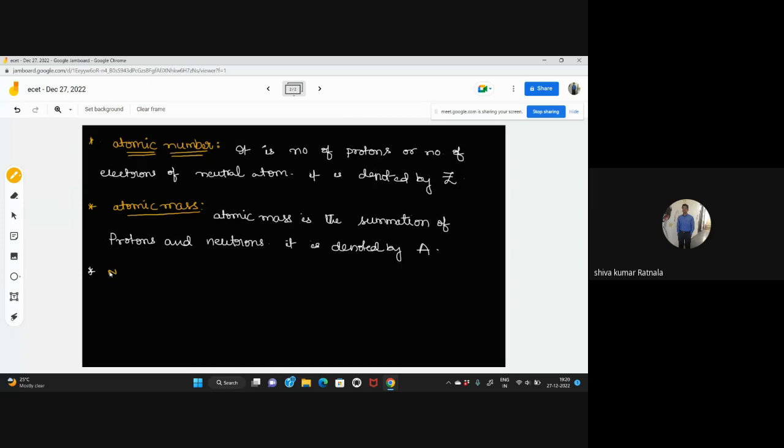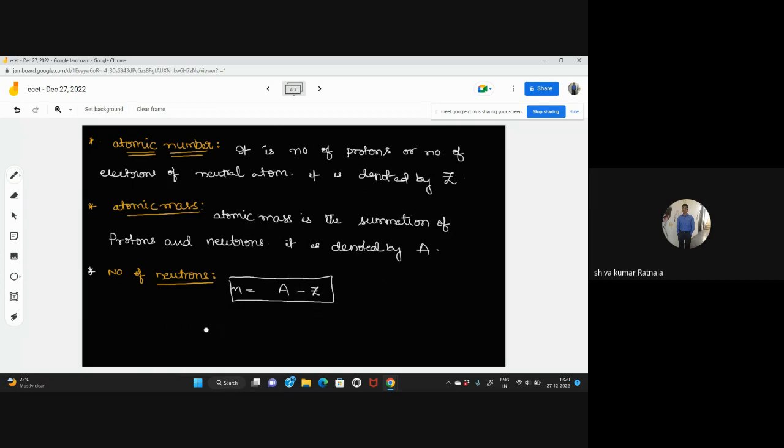number of neutrons. So number of neutrons, n, is equal to mass number minus atomic number. A means mass number.